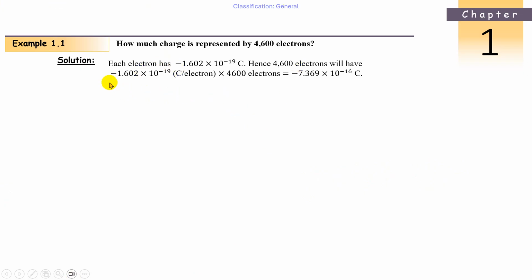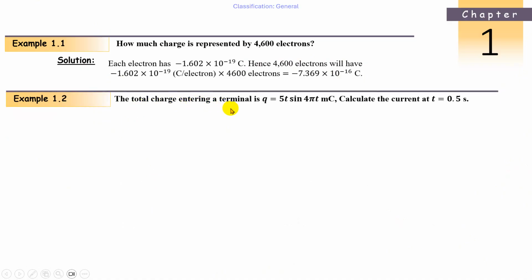Electron means minus, so minus 1.6 times 10 to the power of minus 19 times the number of electrons will give about minus 7.36 times 10 to the power of minus 16 coulombs. So this is how we calculate: the charge of one electron times the number of electrons gives the total charge.